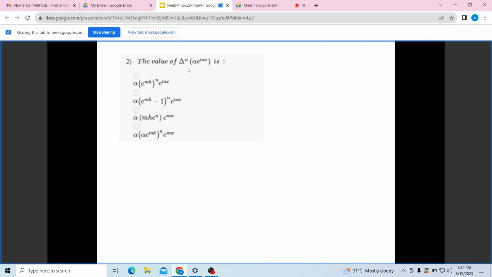Just first, for the hint, I'll tell that first apply the del operator on alpha into e power mx. What are you getting?